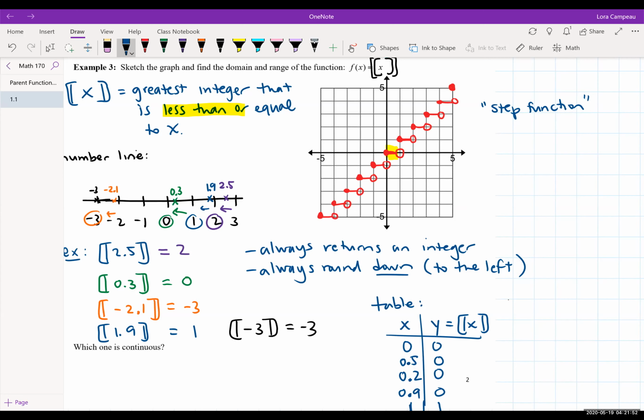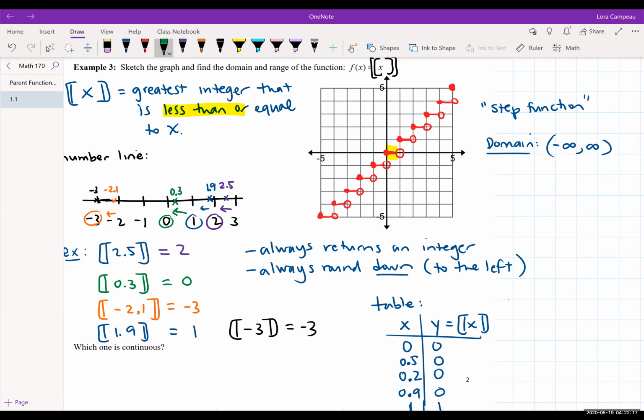If we're actually looking at the domain and range of this, I'll help you out a little bit more. The domain, if you travel from left to right on your x-axis, appears through the entire function to be all real numbers, negative infinity to positive infinity.